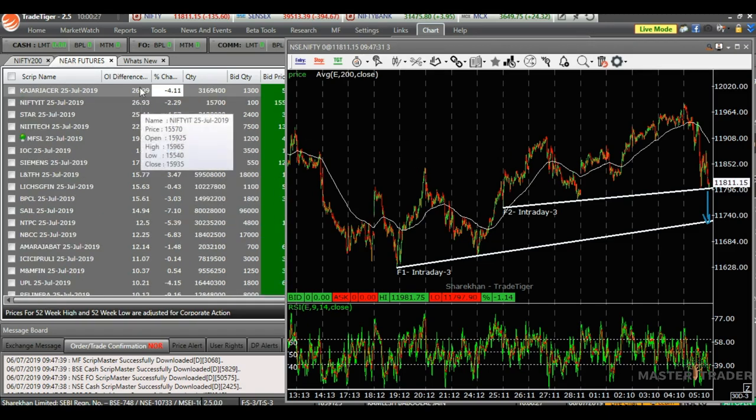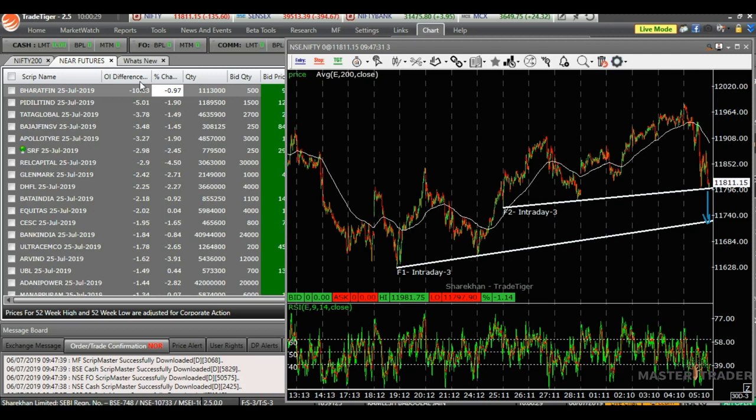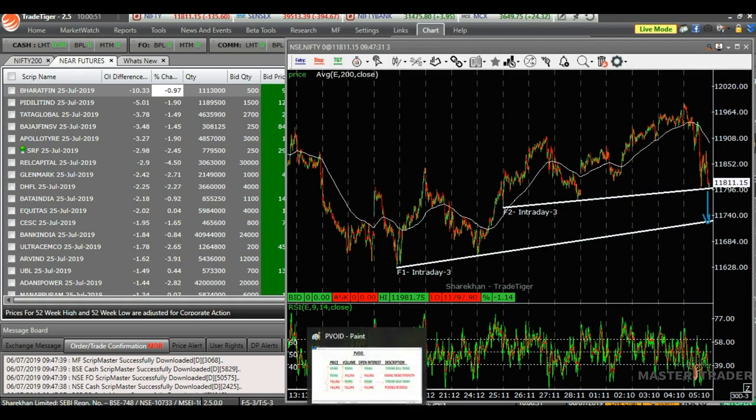Now let's look at a case of unwinding. Bharat Finance had a fall in open interest, minus 10%, and the price fell by 1%. So this may be an indication. Let's look at our chart.